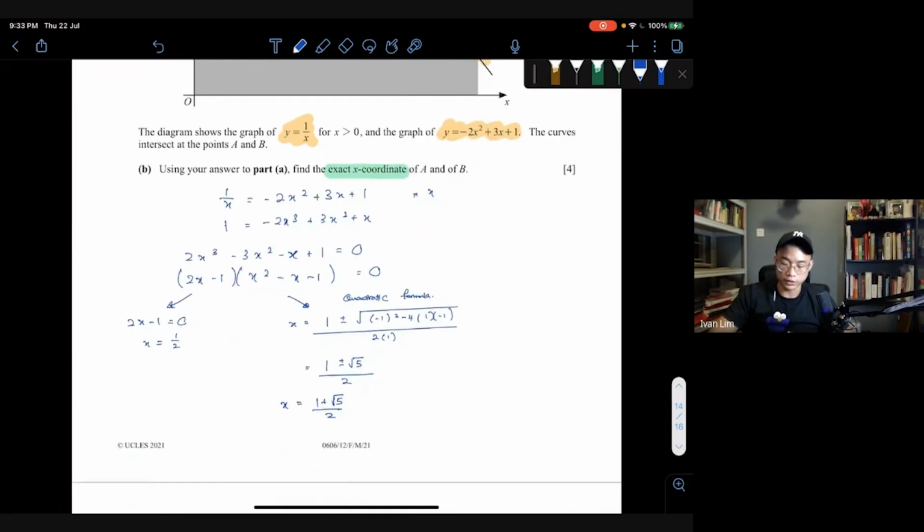So a will take the smaller one. A is x equals to half, and b is x equals to 1 plus root 5 over 2. Okay, so now we have the a and b value.